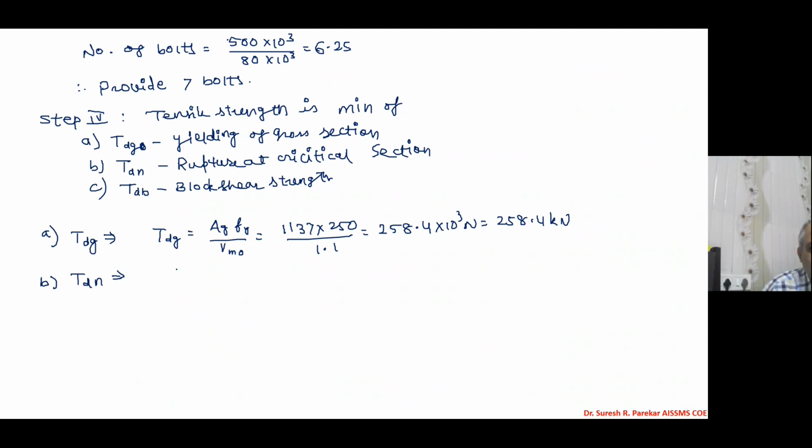Now B, we have TDN. TDN is equal to 0.9 AnC Fu upon gamma m1 plus beta AgO Fy upon gamma m0. Now A n C we have. The longer leg is always connected.